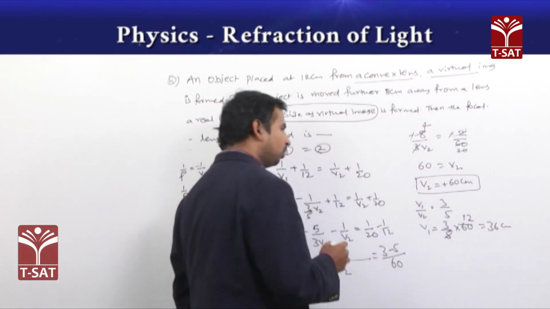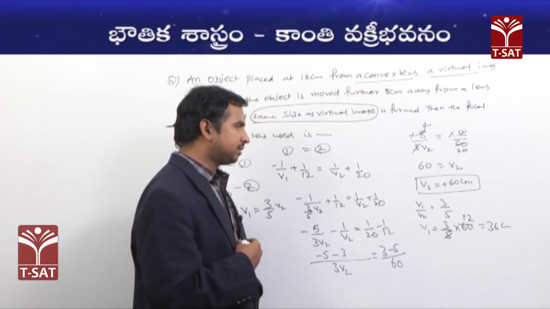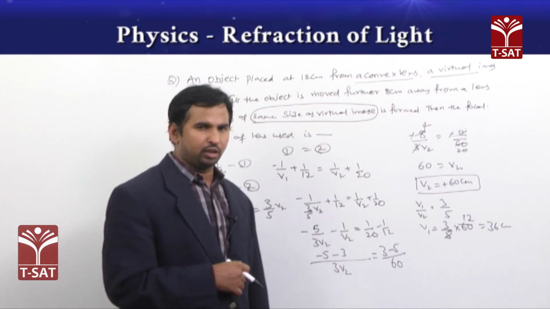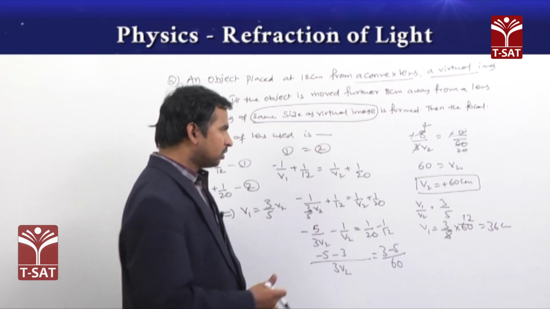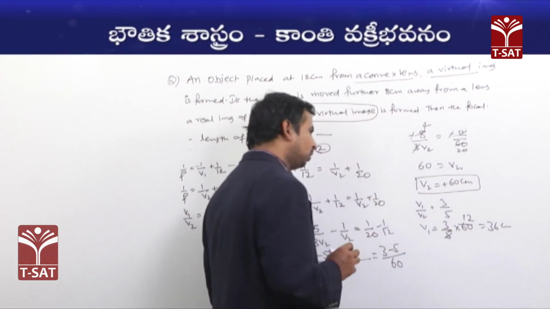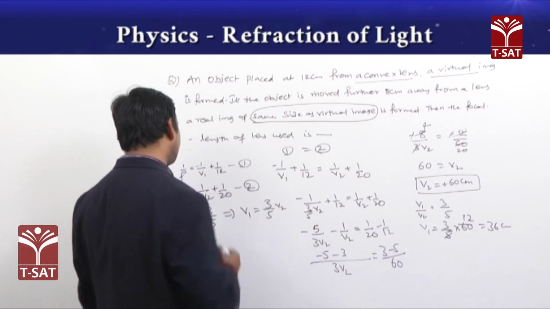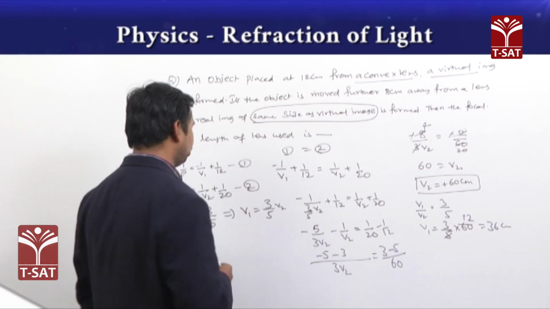So V1 we got as 36 centimeters, and V2 as 60 centimeters. Once we have V1 and V2, we can easily find the focal length. If you substitute those values in either equation, we get back our focal length value.